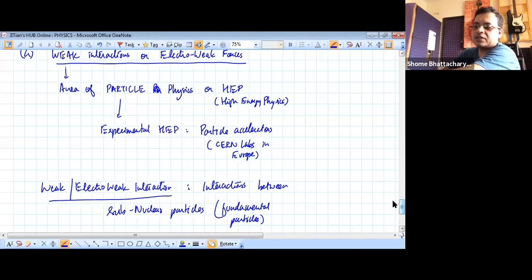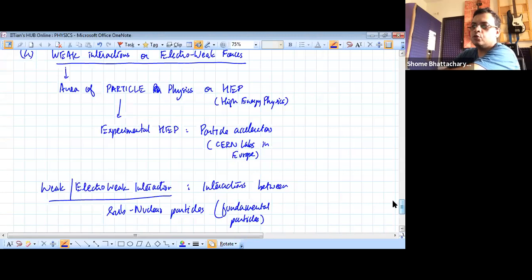You know, those giant circular kind of tunnels in which we use magnets and electric fields to accelerate subnuclear particles to incredibly high speeds. Yeah, mesons, pi mesons, they are also examples of subnuclear particles. So these particles are accelerated to speeds very close to the speed of light.